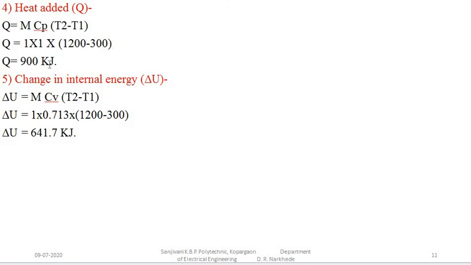So the Q value is 900 kilojoule. The fifth parameter is the change in internal energy, delta U. The delta U formula is m Cv into T2 minus T1. Now putting the values, we get delta U equal to 641.7 kilojoule.